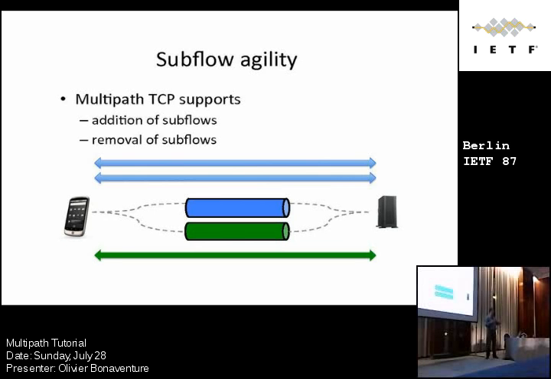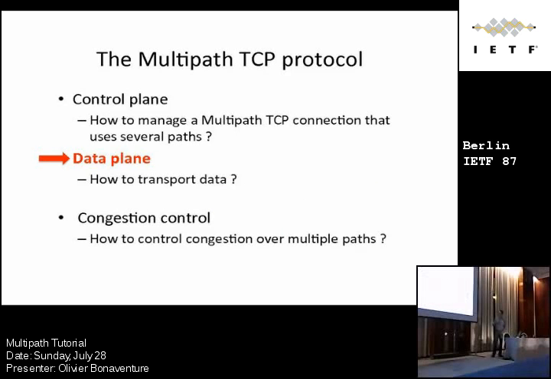So you could be on a smartphone, you start over Wi-Fi, then you lose Wi-Fi, you don't have a subflow anymore, and 5 seconds later you get back to Wi-Fi and you re-establish a new subflow, and the TCP connection will continue to work without any problem and without any interference for the application, except the fact that during 5 seconds you will not be able to transfer data. So that was for the control plane.